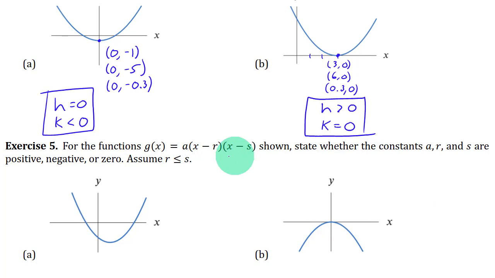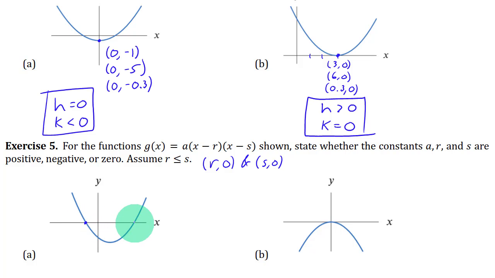We've got this time functions written in factored form like this, x minus r times x minus s. So remember, these are always going to have x-intercepts r, 0 and s, 0. And we're also assuming r is less than or equal to s.